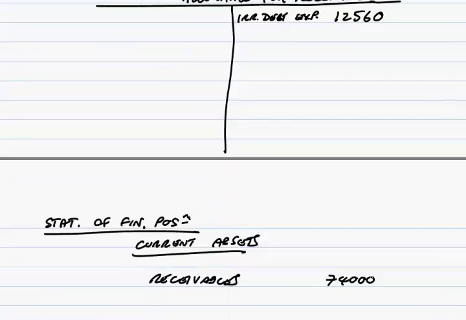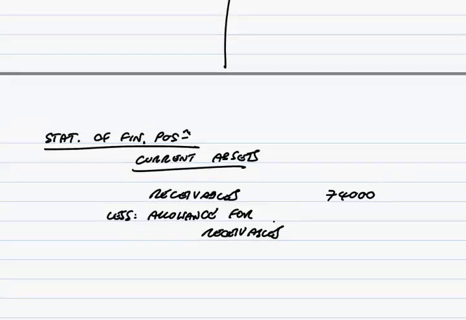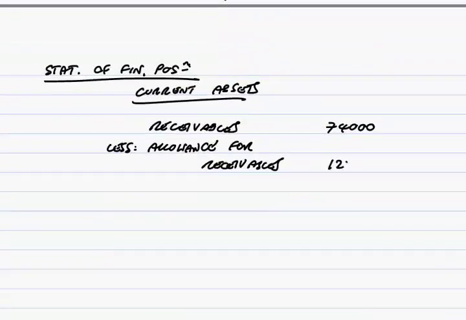But to be safe, we'll deduct our allowance for receivables. How much was it? Well, from the T account, it was 12,560. And so the final figure on the balance sheet is 61,440.